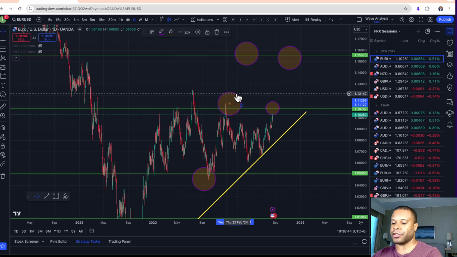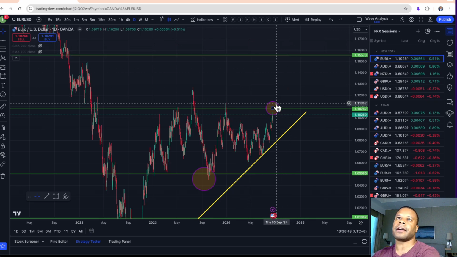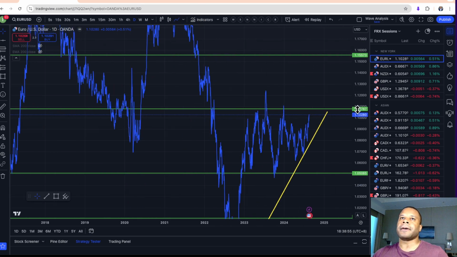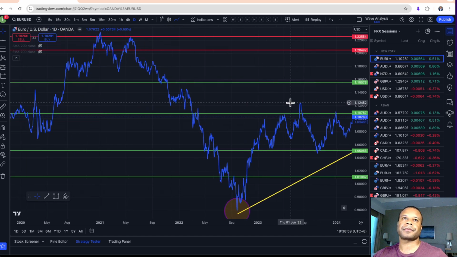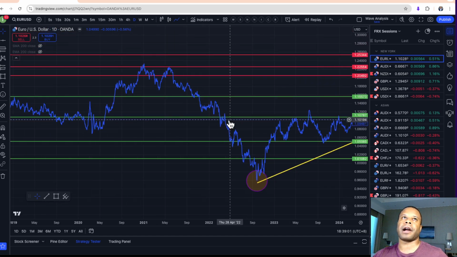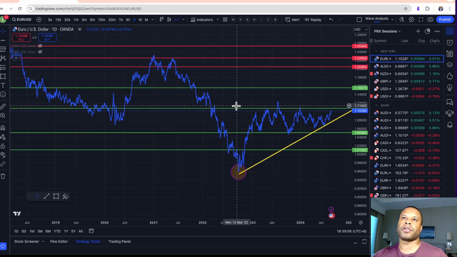Some of you guys, I showed you earlier, right? When I'm not sure where to draw my lines, what do I do? I go to a line chart, right? For example, let's look at where price is now. We've seen price come up here and touch this multiple times.